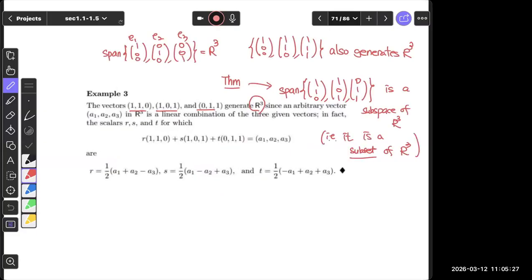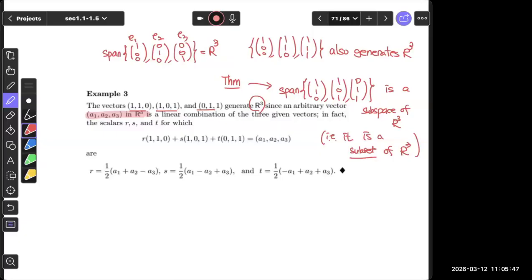So in this example, we just selected an arbitrary element from R3 space. And then we want to show that it belongs to the span of those three vectors.